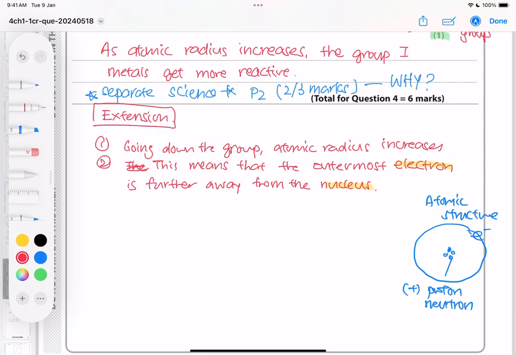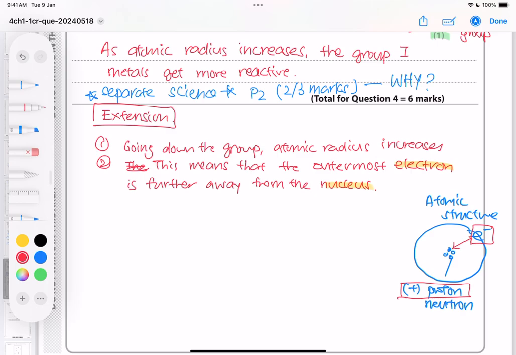Now, when the positively charged proton is further away from the electron, the attraction is actually weaker, isn't it? I always give the example of a long distance relationship. If you are in Singapore and your boyfriend or girlfriend is in the USA, with a time difference of 12 hours or something like that, it's harder to maintain the relationship, right? Versus somebody where both of you are in Singapore, so you get to see each other very often, the attraction towards each other is going to be a bit stronger. But don't mind my analogy.